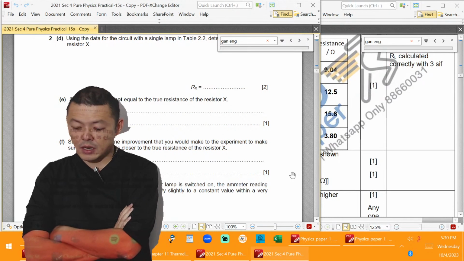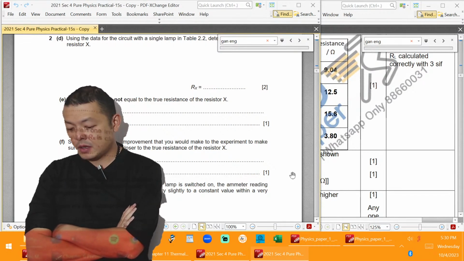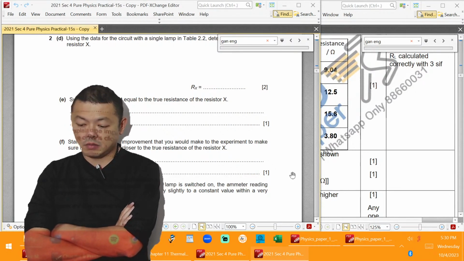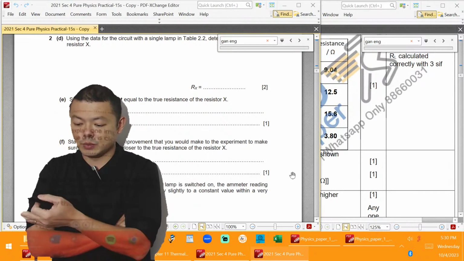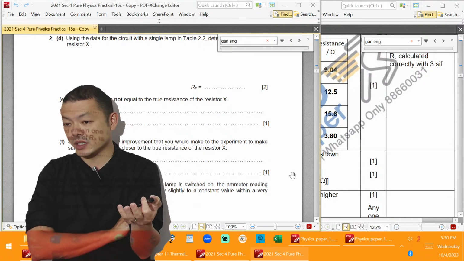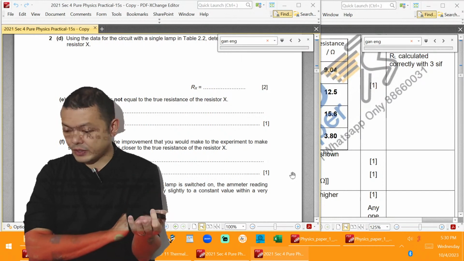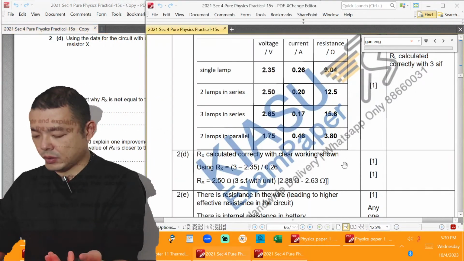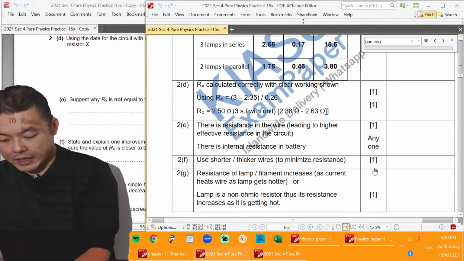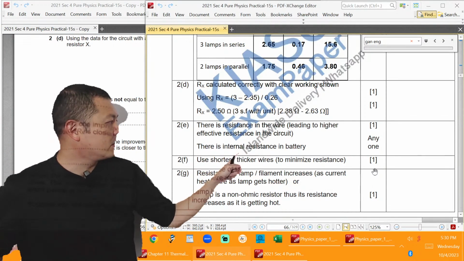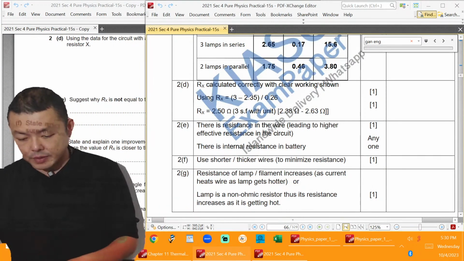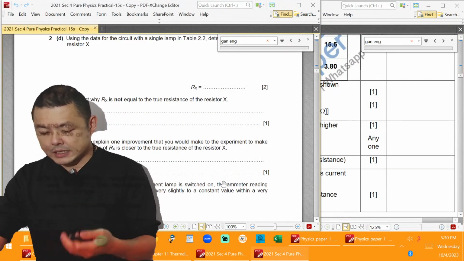Because your calculations in the previous ones assume the connecting wires have no resistance, or the batteries have no resistance. Since they have resistance, it's not going to be the same. So the connecting wires, and the internal resistance in the battery.